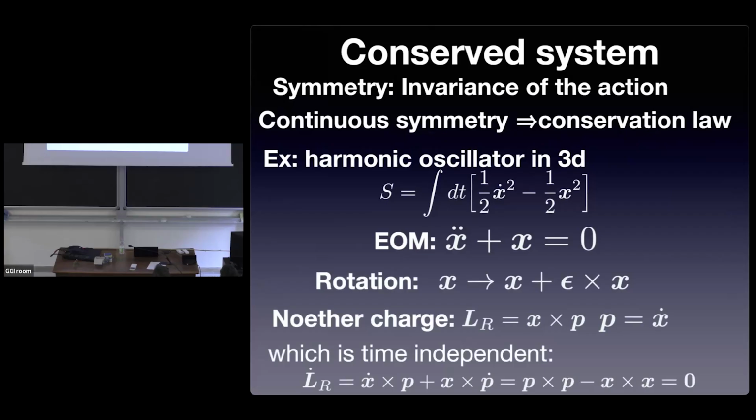Then you can have the Noether charge, just x cross p, which is the ordinary angular momentum. We also have the momentum here. Of course, this is an invariance of the action, so the charge is time independent. This is the ordinary story.